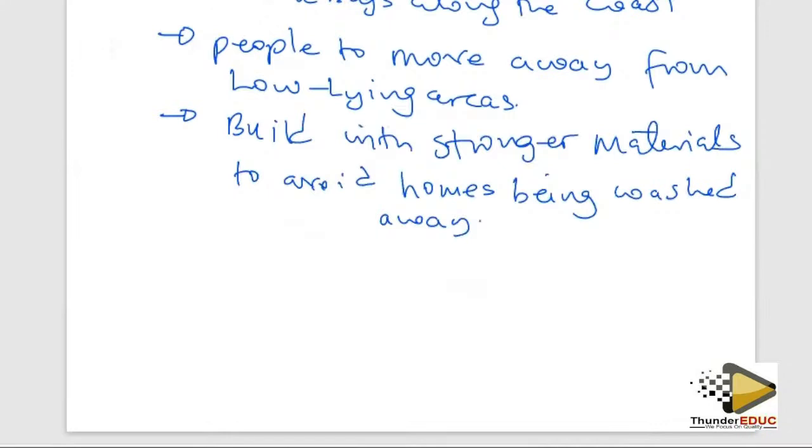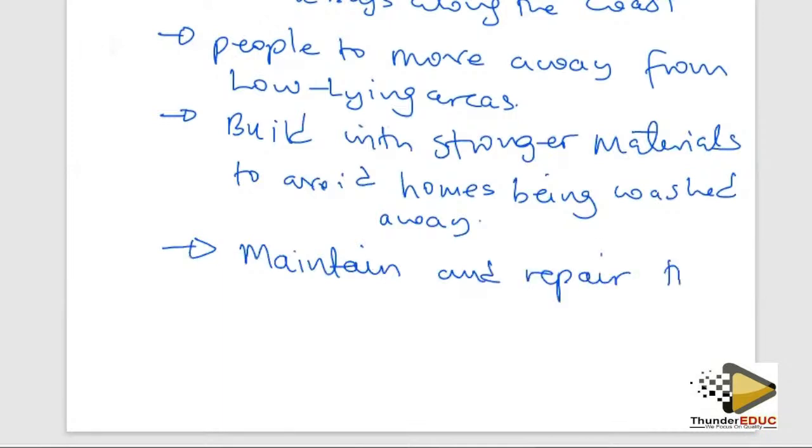Also, need to maintain the drainage systems. Maintain and repair the drainage so that they could easily accommodate the overflow of water, right?